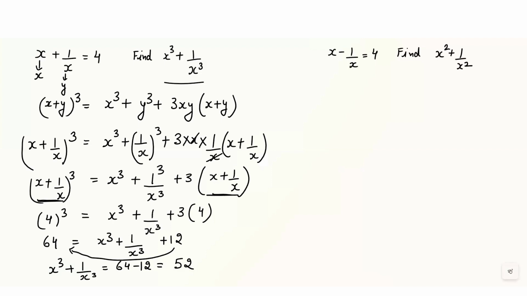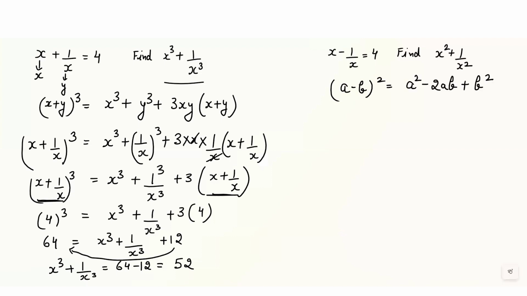In the next question, we need to find the value of x square plus 1 over x square. So we have to use the formula where we get two variables with a square. We can use the formula a minus b whole square equals a square minus 2ab plus b square.